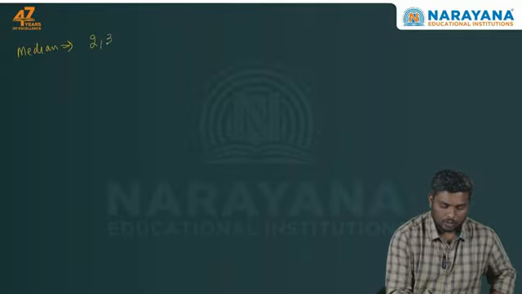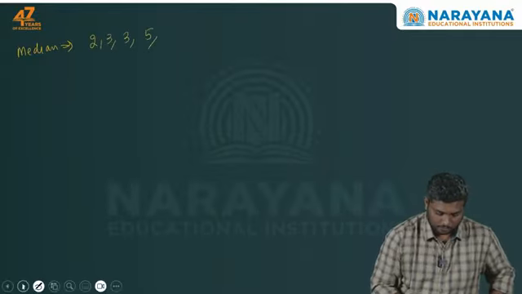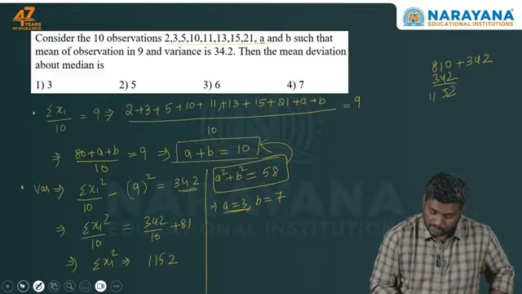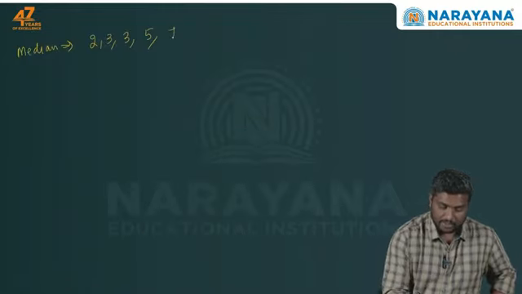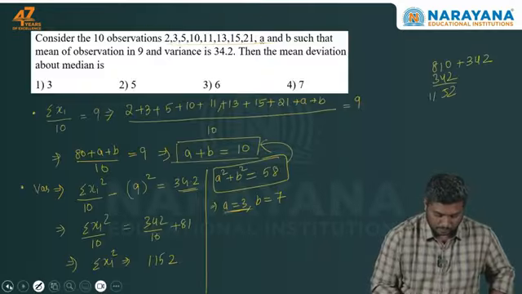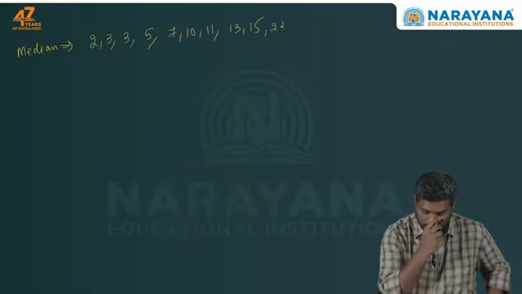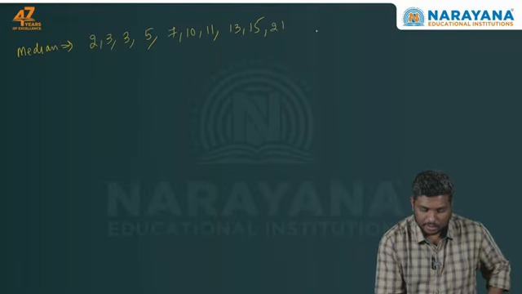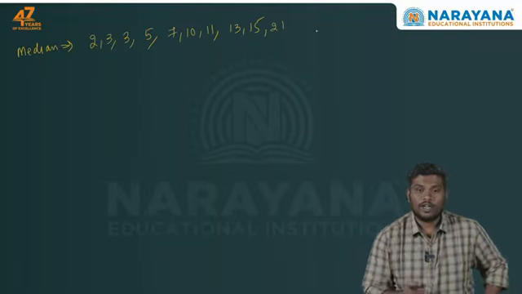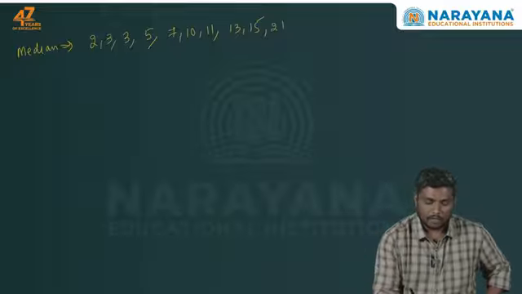2, 3, 3, 5, and then 7, 10, 11, 13, 15, 21. So we have 10 observations. Whenever the number of observations is even, what will the median be?